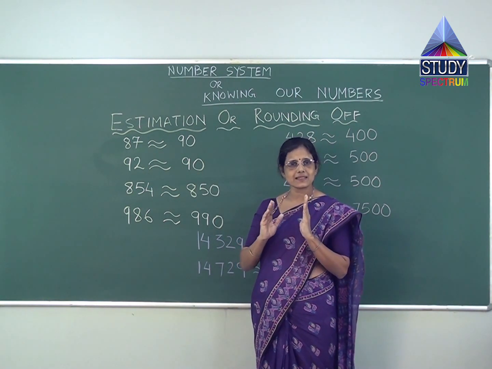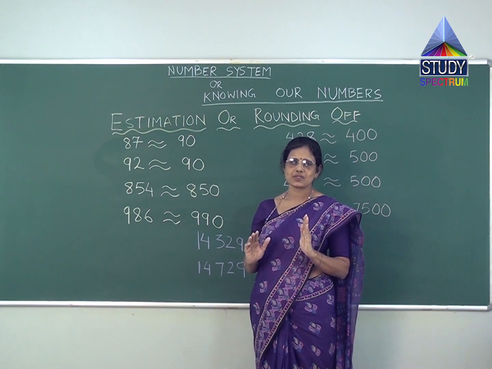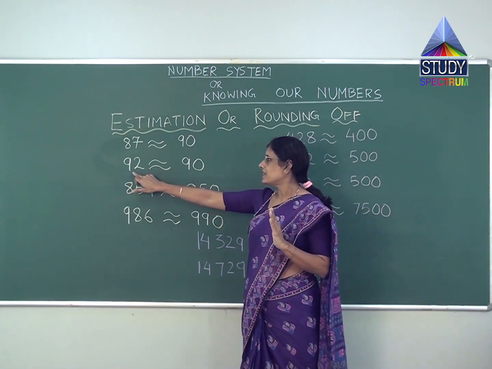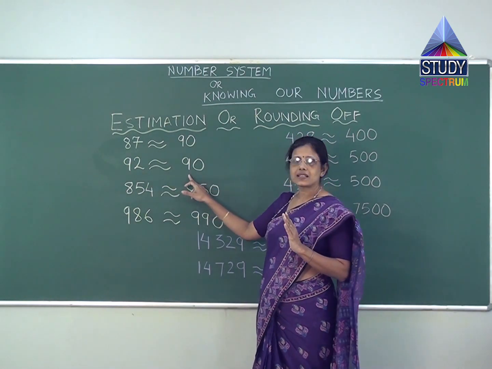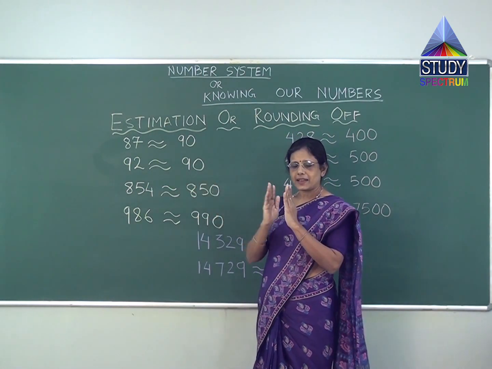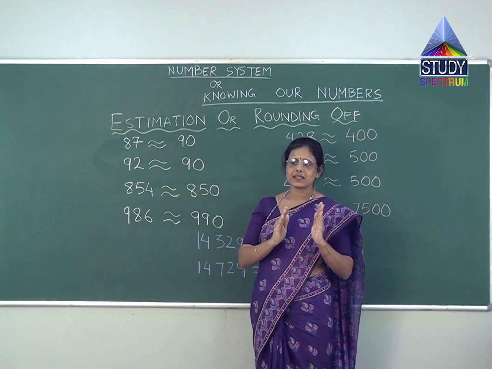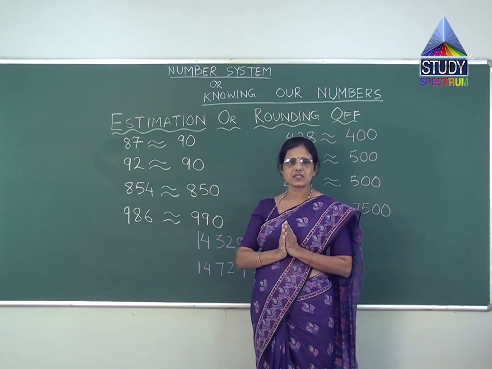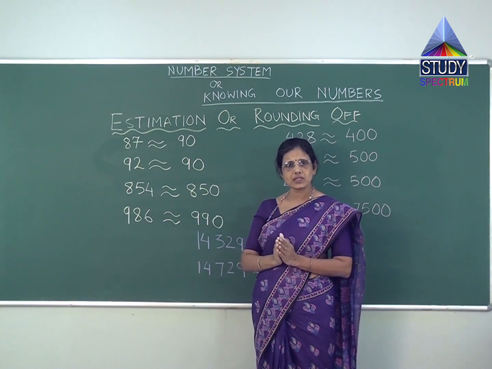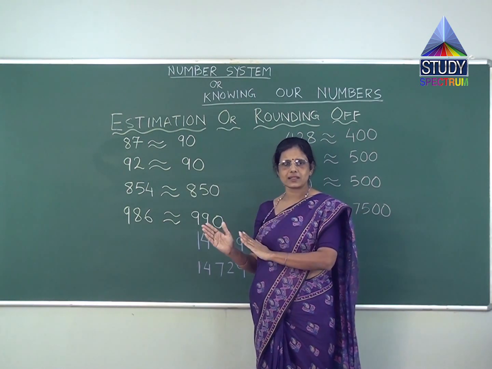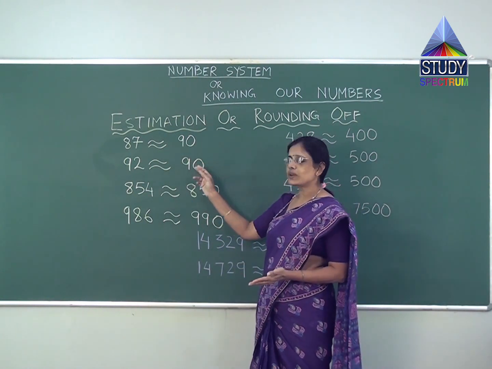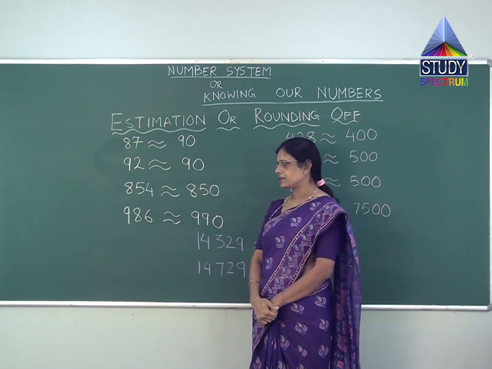It will be as it is, same as the tens digit, and in the units place there will be a 0. It means 92 gives us 90. It means 92 is also towards 90, 87 is also towards 90. So in approximation or estimation or rounding off, 87 is 90, and 92 is also 90. Like this way you can make the round off figure.